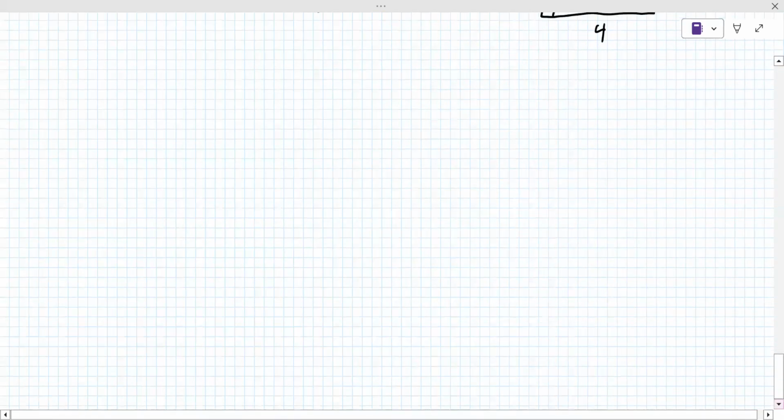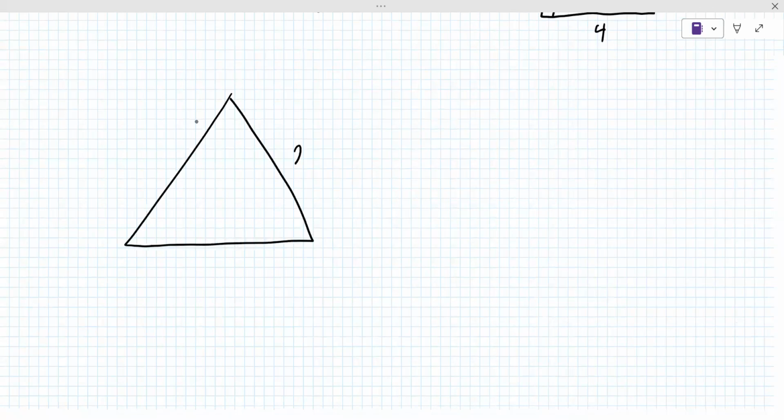Okay, so let's say the equilateral triangle has side length 2 square root 3. I want you to find the value of h first. What is the value of h? Just 2.